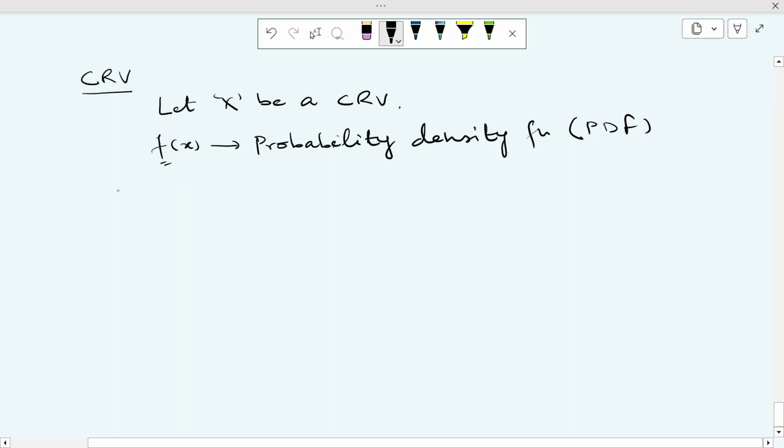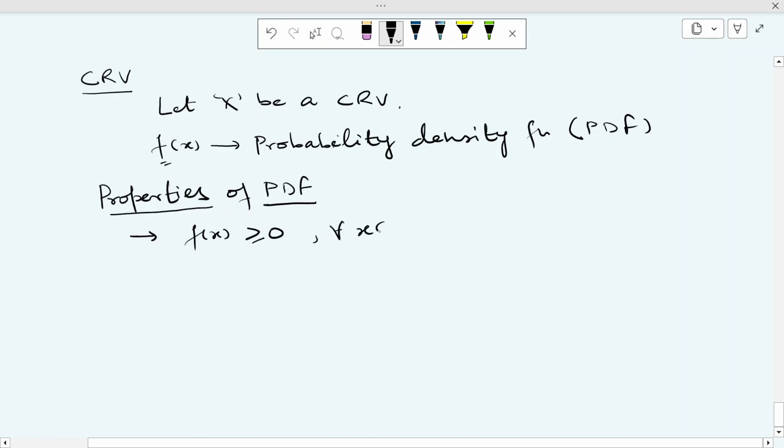So first of all, let me discuss the properties of this probability density function. In general we have two properties. The first one is that this probability density function is always greater than or equal to 0 for all values of x.